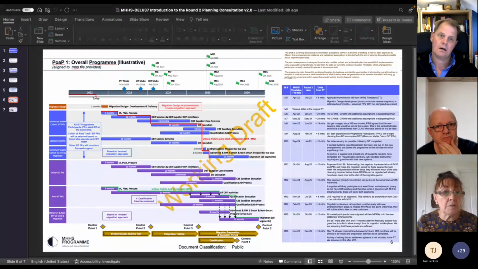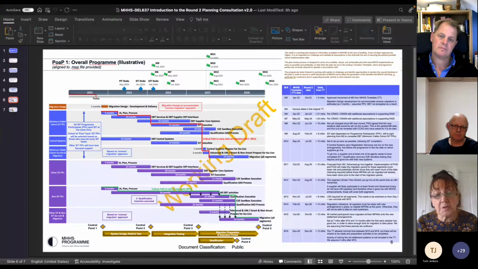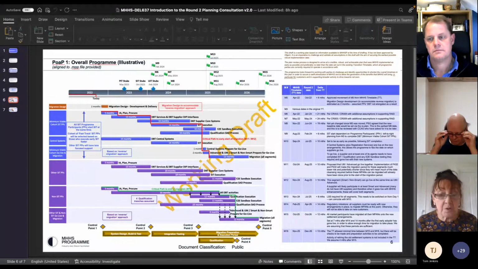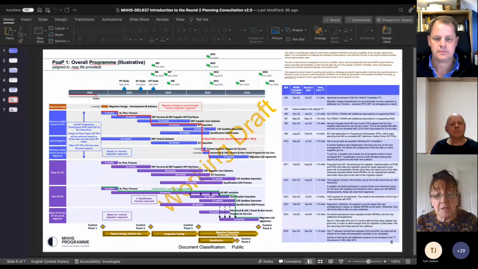The extra bits of information that we said we would provide are less relevant to you. One of the things that suppliers were asking for: we've got program critical paths on these diagrams. What we haven't got, and it is a bit different, is a supplier's typical route through the program in terms of the bars on the Gantt chart.